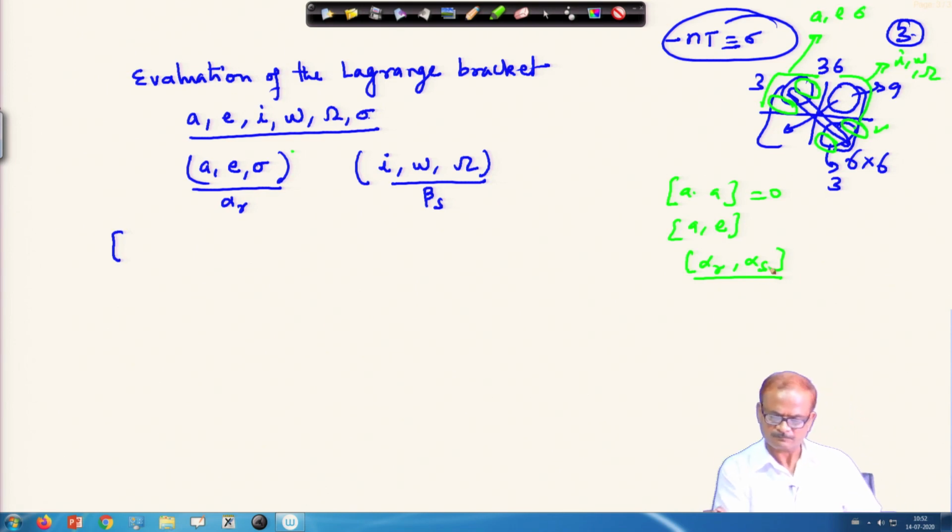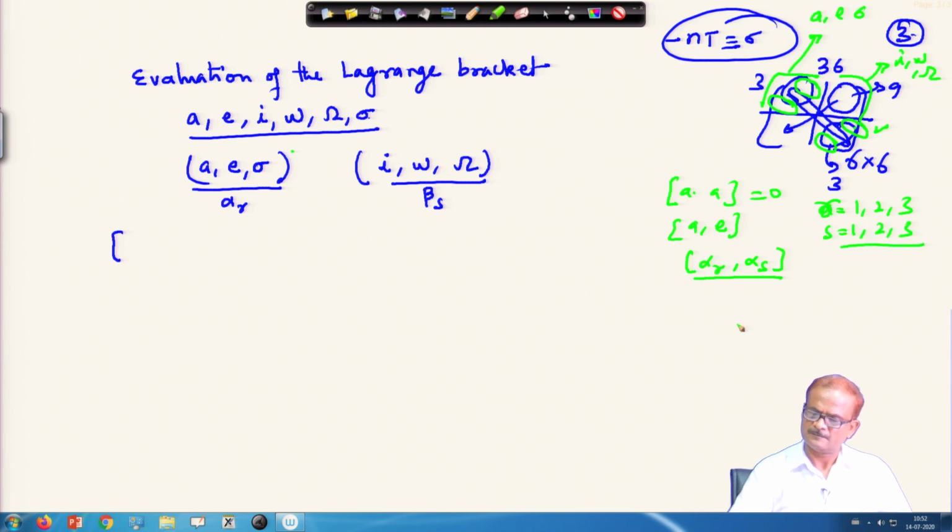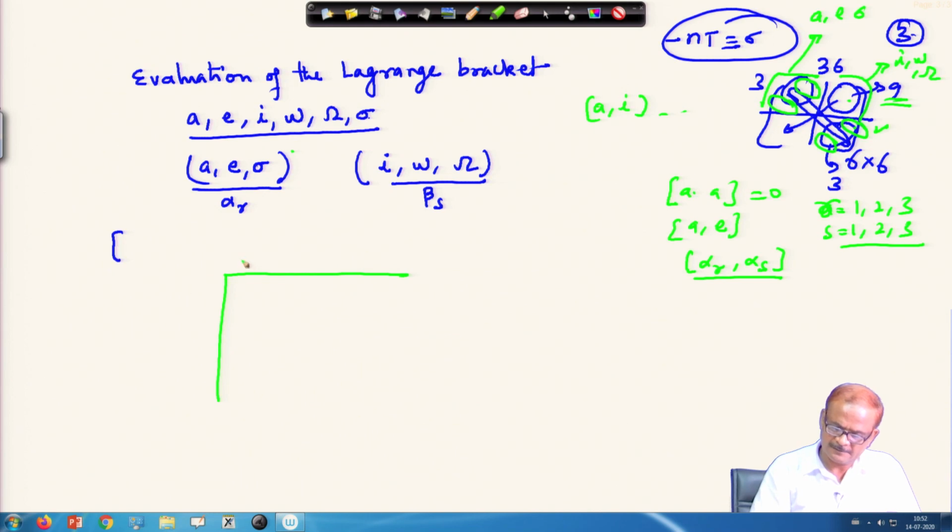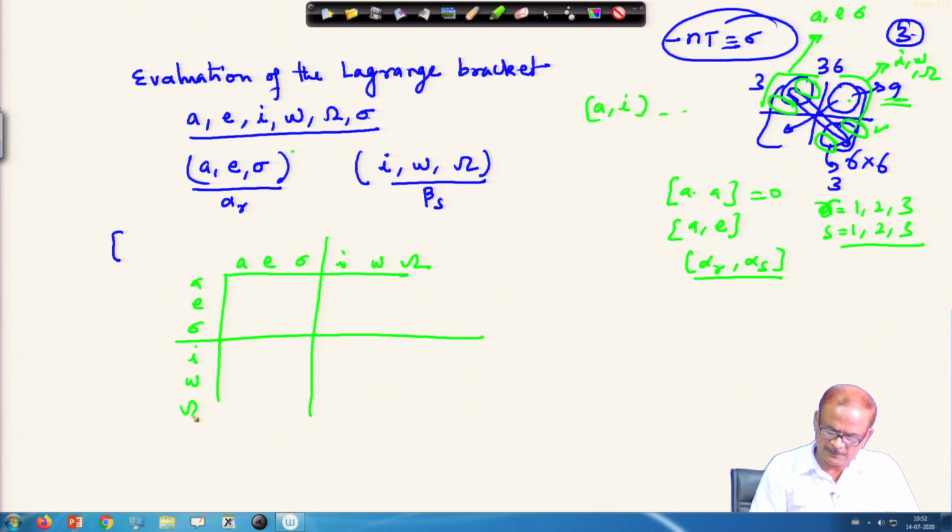where alpha r varies over 1, 2, 3 and s also is 1, 2, 3. The mixed one, where I have shown this 9, corresponds to terms like A, I, etcetera. If I write here A, E, sigma and here I, small omega, capital omega, the corresponding elements are like this.